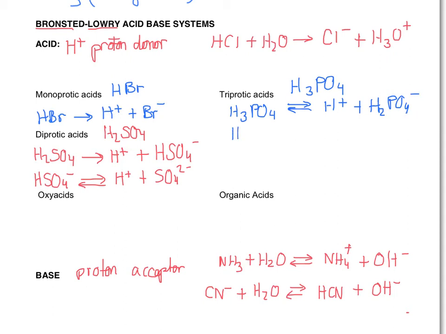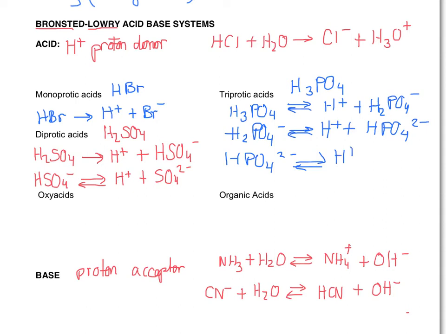Then H2PO4 minus can dissociate to give off an H plus and HPO4 2 minus. And then HPO4 2 minus can dissociate to give off a third proton, and then PO4 3 minus.